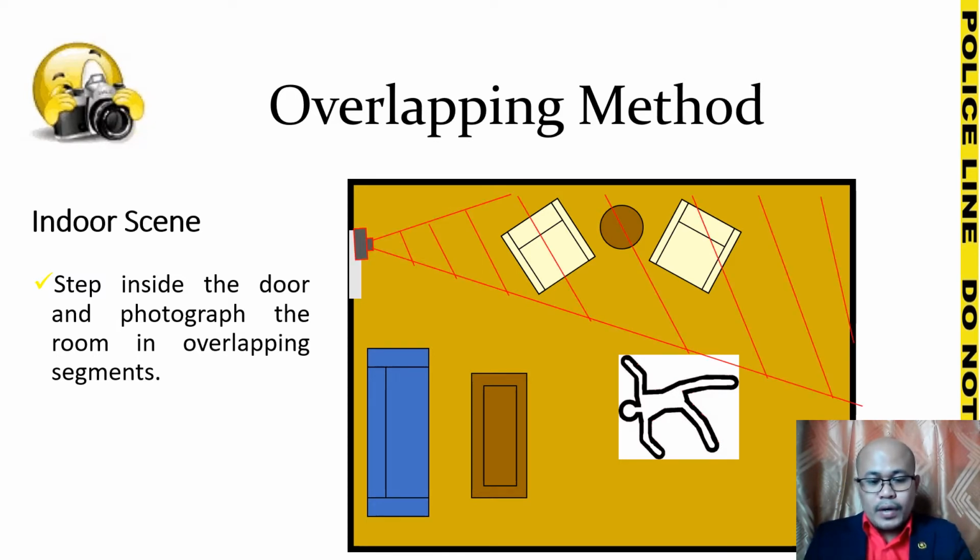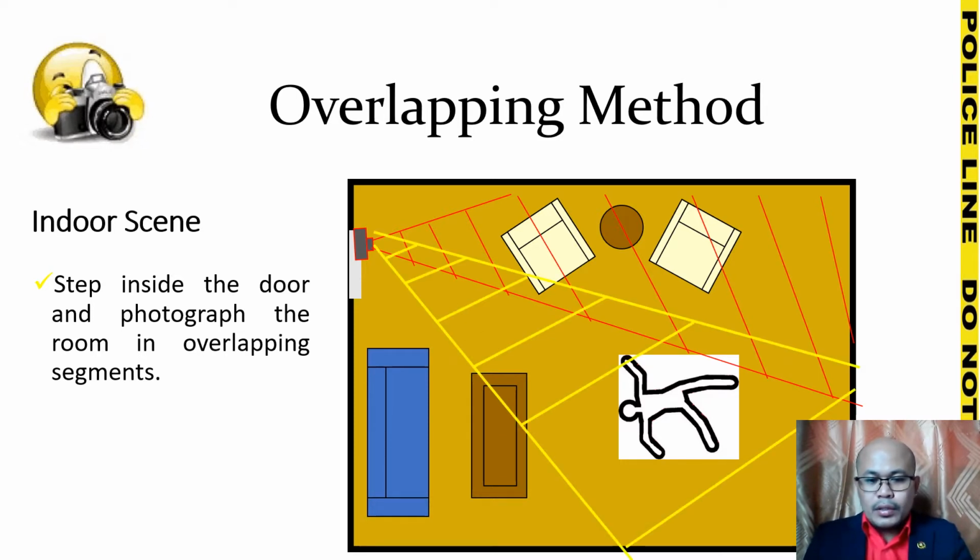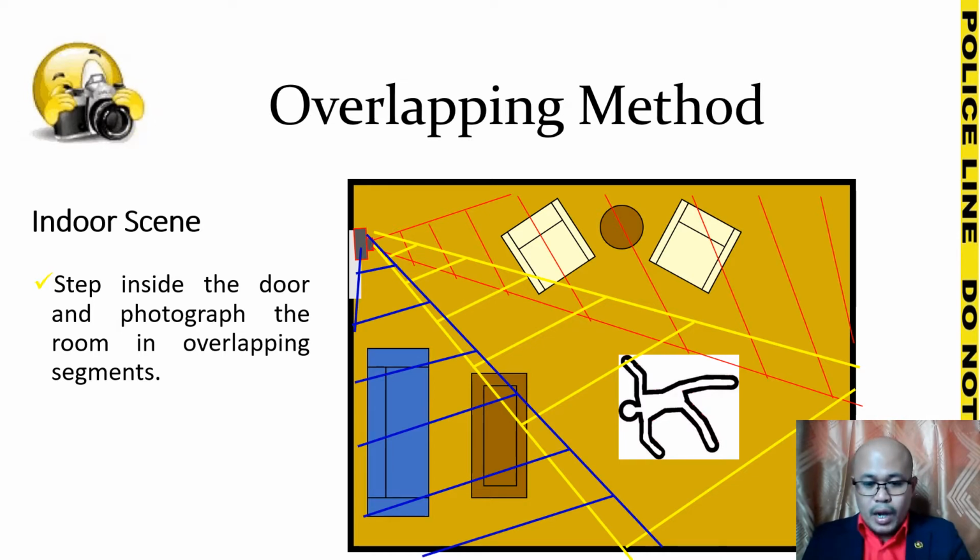Then take the first shot going straight forward, take the overlapping second shot, and finally take the final shot, also overlapping with the second shot. So with our first, second, and third consecutive shots, we were able to photograph the whole area while having an overlap within the shots.